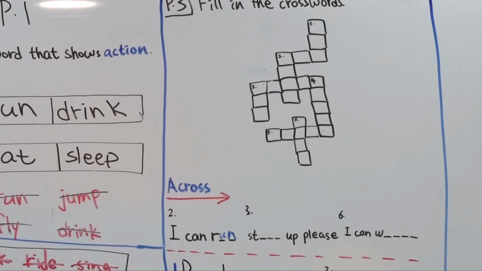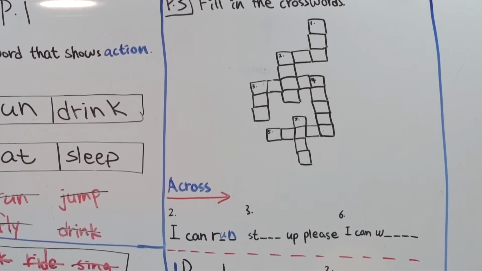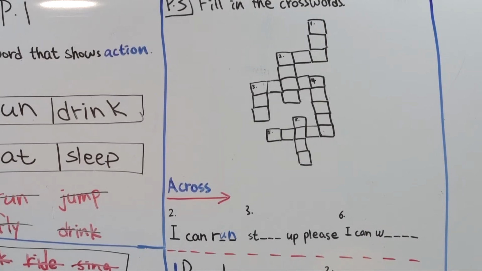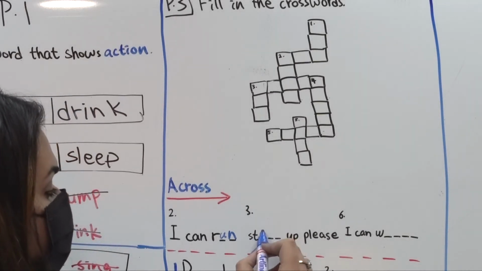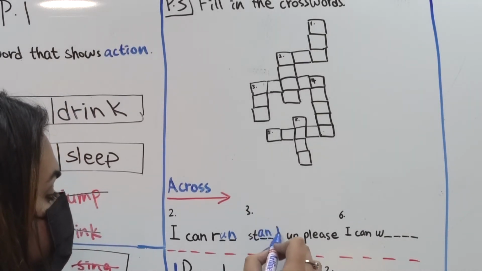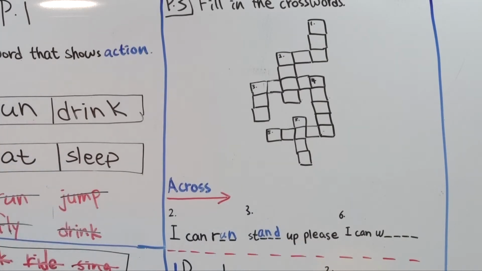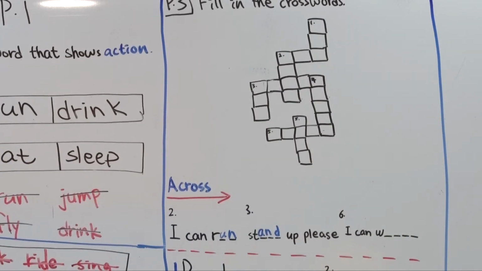If you want him or her to move out of his or her seat, you will ask him or her to sit up, please, or stand up, please. Stand up, please, right? How do we spell stand? That should be ST has been done for you. A-N-D. Okay? Stand up, please.